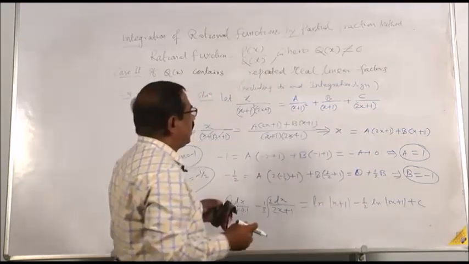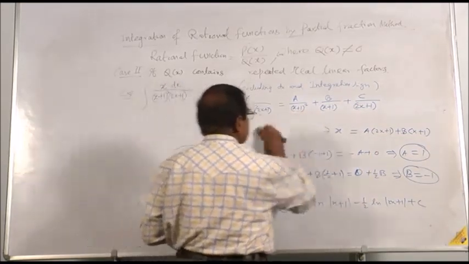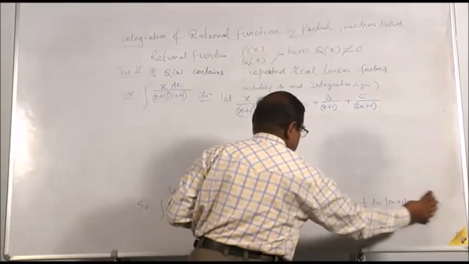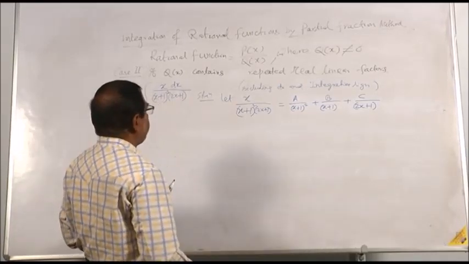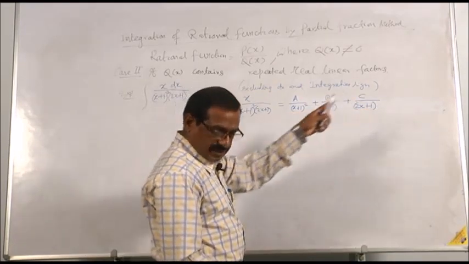Following the same procedure, you can solve this for A, B, C and you can get the integration. Suppose this is 3, 2, 1 like this.